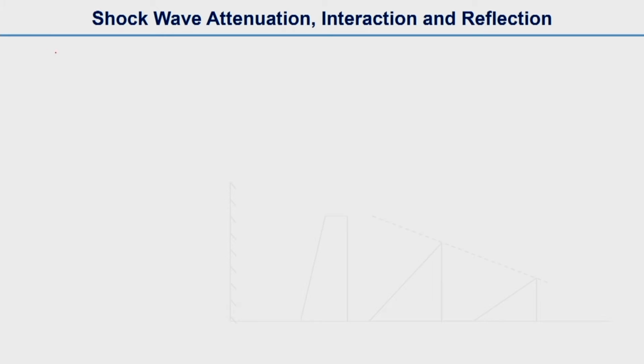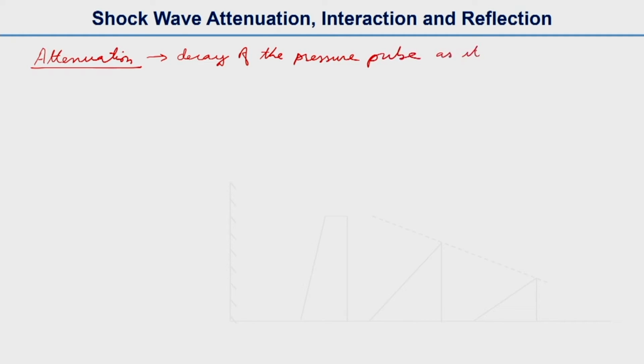So what is attenuation? Attenuation of the pressure pulse. Attenuation means the decay of the pressure pulse as it travels through the material or the target.